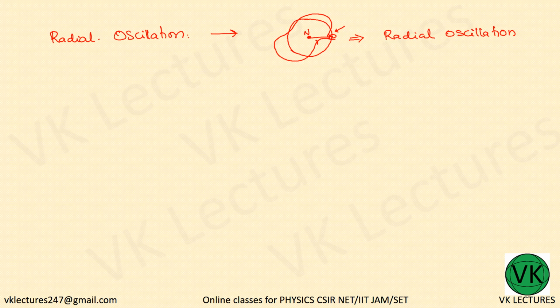Now, dou V by dou r, the total force, is equal to 0, which gives some value of r equal to r naught. Now this value of r at r naught is called the stable equilibrium point.